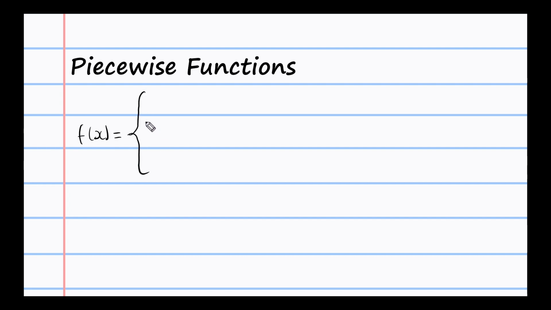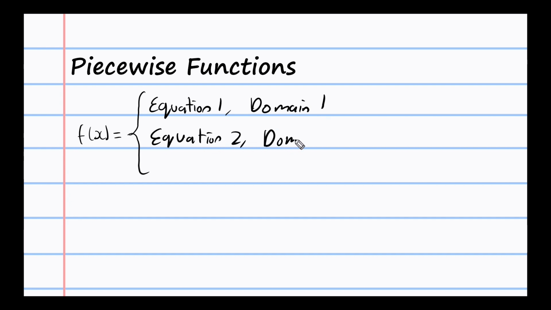We have a curly brace, and then we just write our equation 1, and then our domain 1, equation 2, domain 2, and our equation 3, and domain 3. Domain 1, 2, and 3 are all going to be written in inequality form.